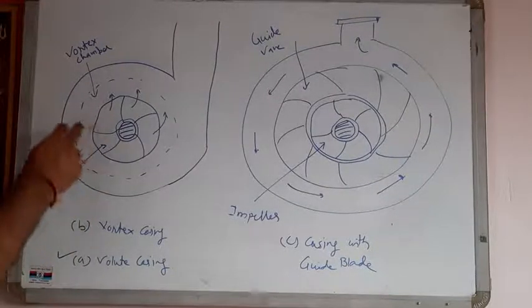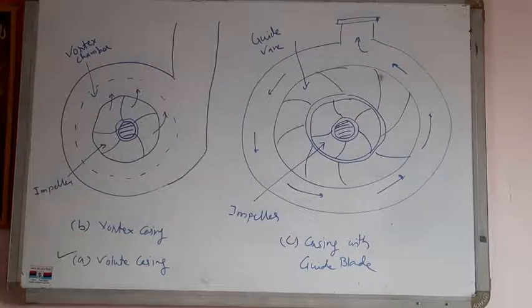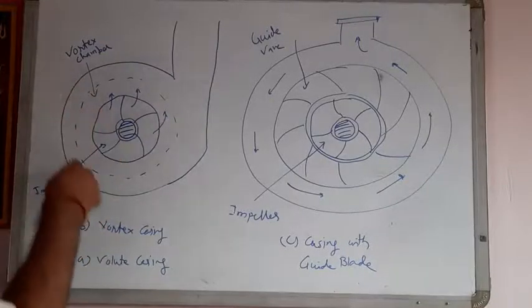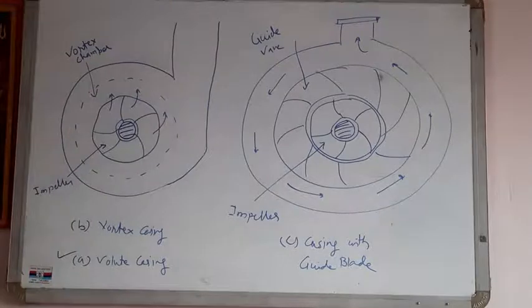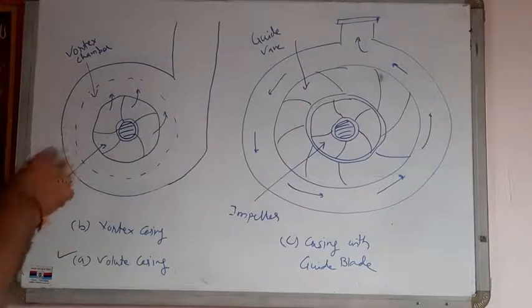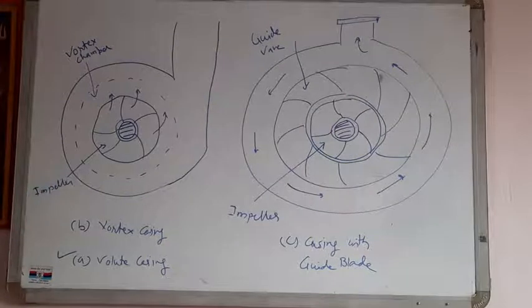Second is vortex casing. Here a circular chamber is introduced in between the casing and the impeller as shown in the figure. The casing is known as vortex casing.